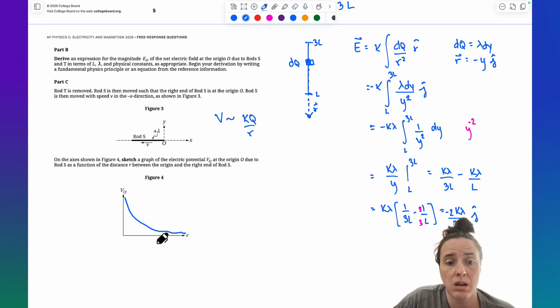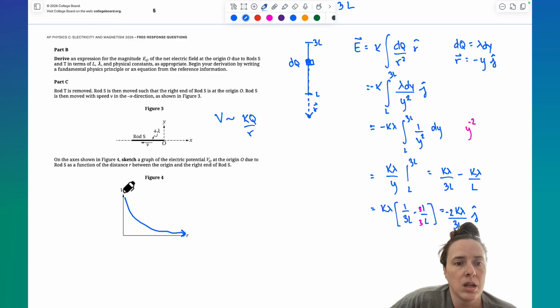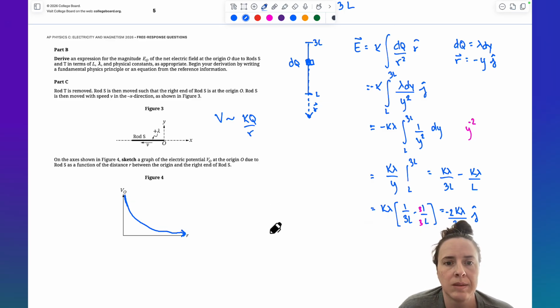So it's going to be concave up, and it asymptotically approaches 0. And then you're going to have a very strong potential over here, so it's going to go asymptotically up towards the y-axis.